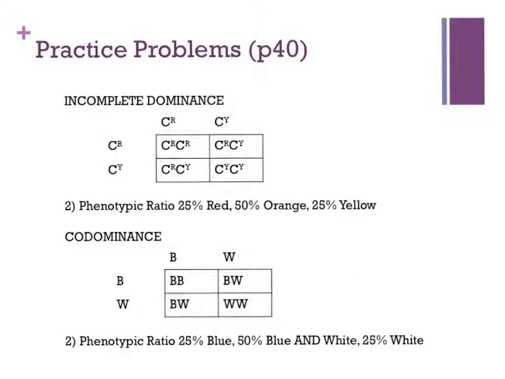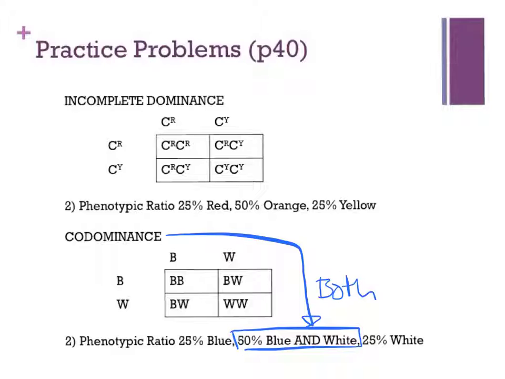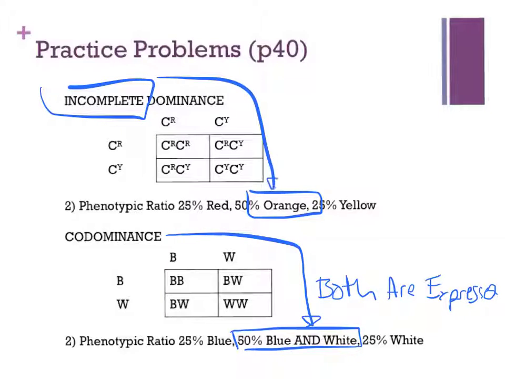And that's the important difference here, is rather than it blending, because it's codominance, both are expressed. Whereas with incomplete dominance, this is where we have the blending of the traits.